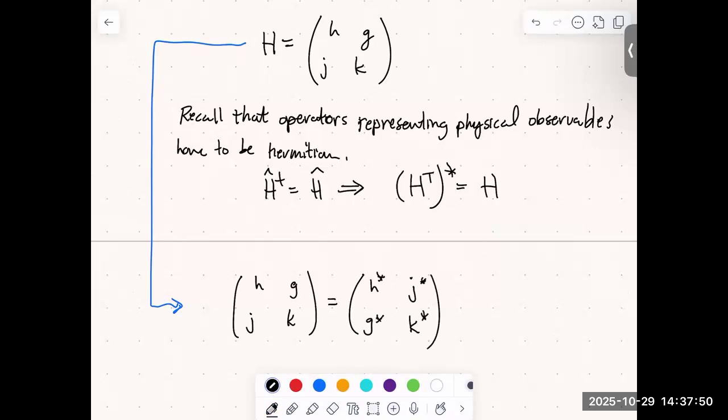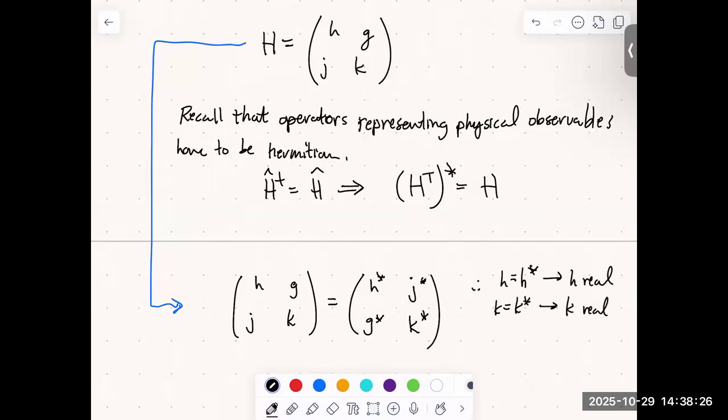And so these have to be equal. And right away, we can see some things that happen here. H has to be equal to H star. Well, the only way that a complex number is equal to its complex conjugate is if that number is actually real. So we see from this that H is equal to H star. That means H is real. Likewise, K is equal to K star. That means K is real.